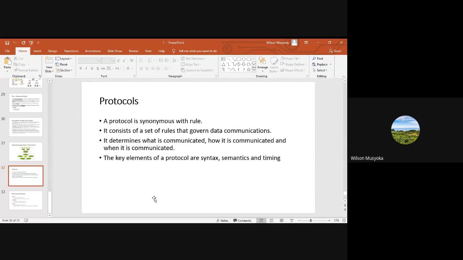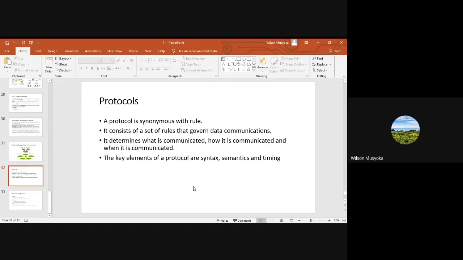The last thing we need to understand in that element is protocol. Protocols are very important. A protocol is synonymous to a rule.